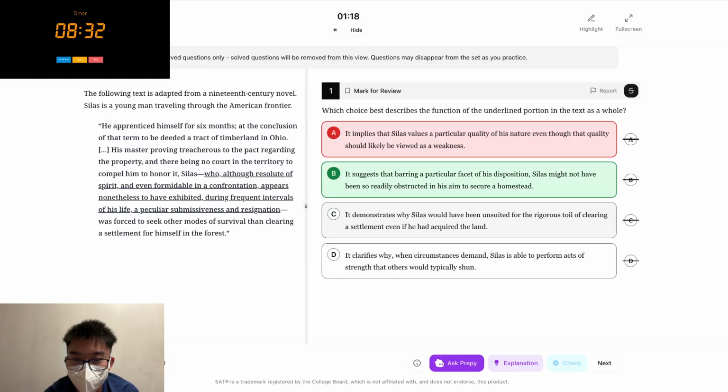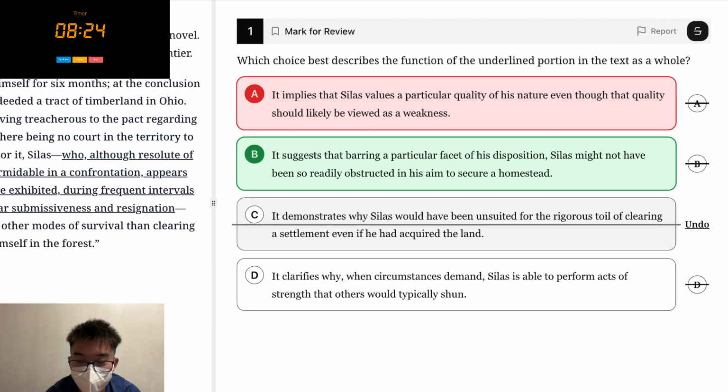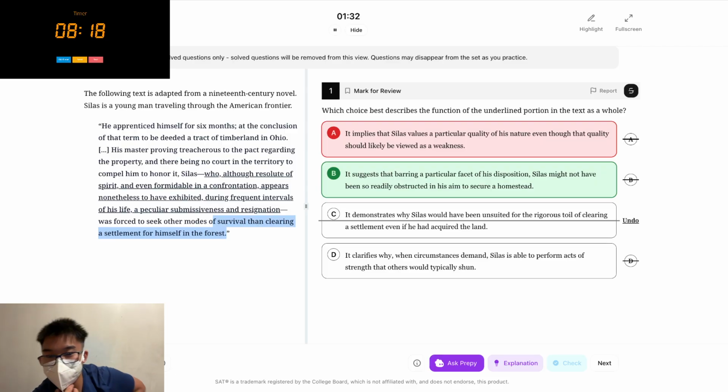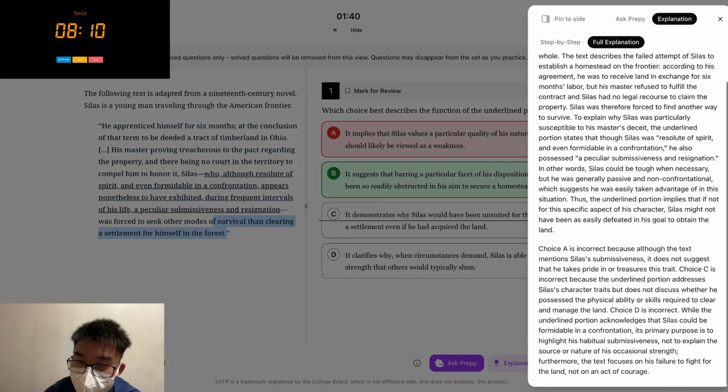I think it doesn't really talk about how it's unsuited. Even if he acquired the land, this one talks more about the second sentence of the question. C is mostly his character.